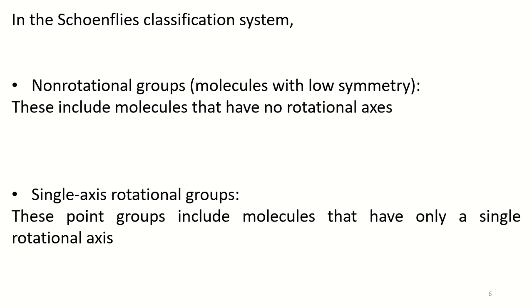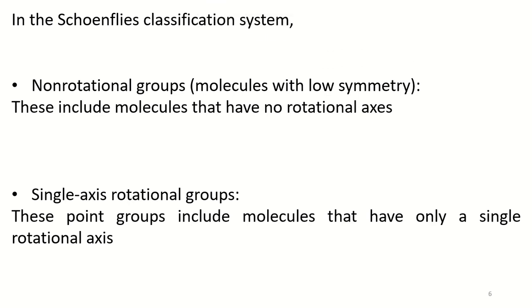This is the first classification of the Schoenflies classification system, to which low symmetry molecules may belong. There are many examples of non-rotational groups, and we will discuss them in detail in the next lectures.